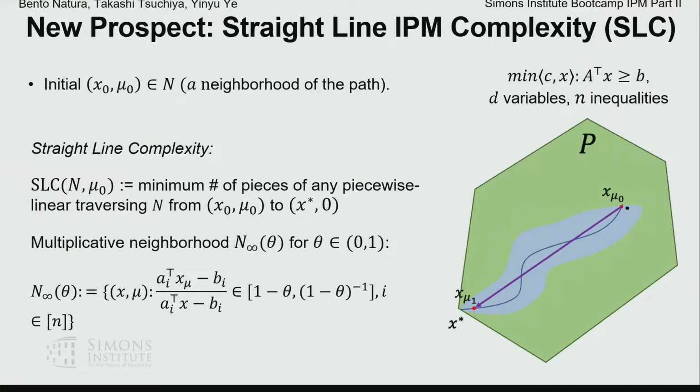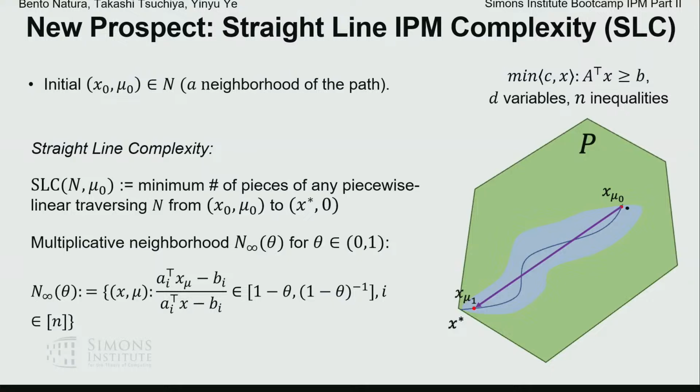So you can imagine, because all the interior point methods create some kind of a straight line within a neighborhood, somehow still close to the central path.